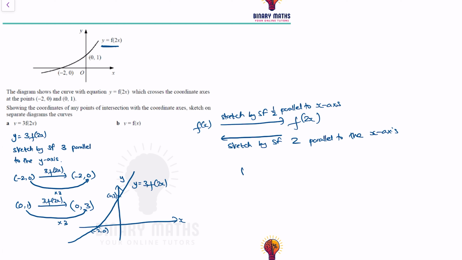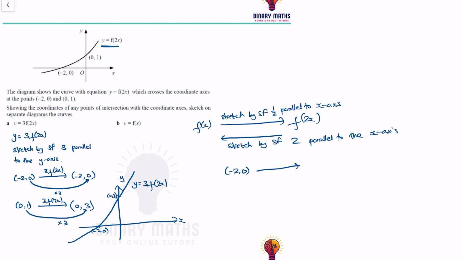Which means if I start off with the points from f of 2x, so minus 2, 0, under this mapping I have to stretch by scale factor 2 parallel to the x-axis, so my x coordinate has to multiply by 2.